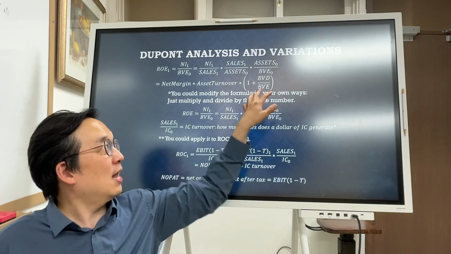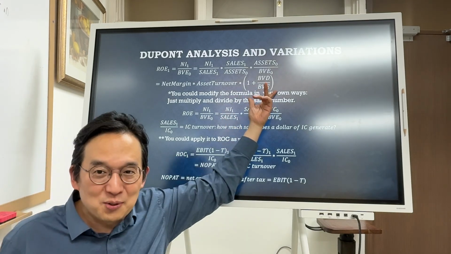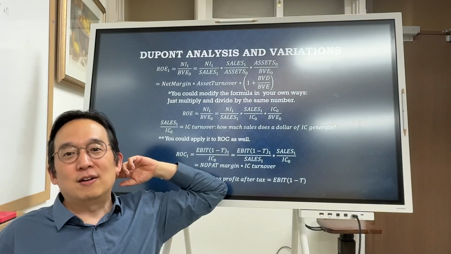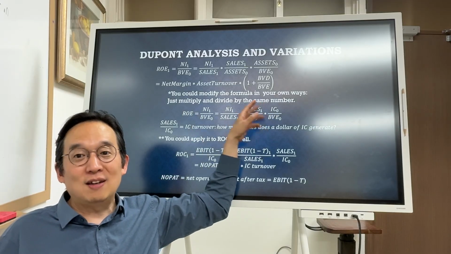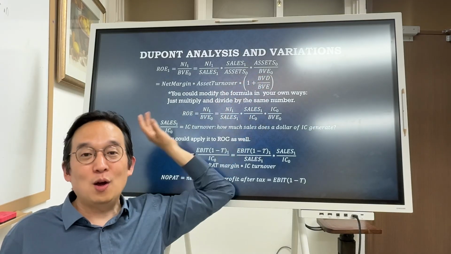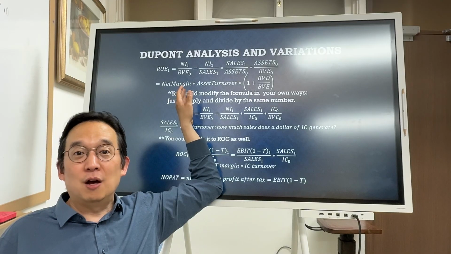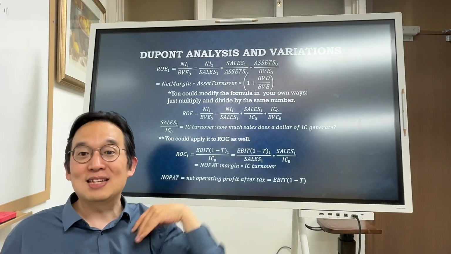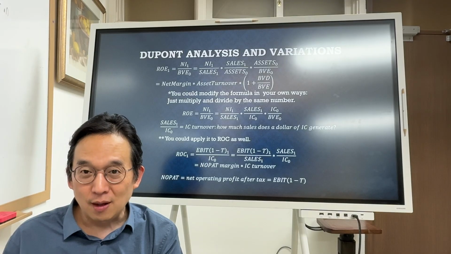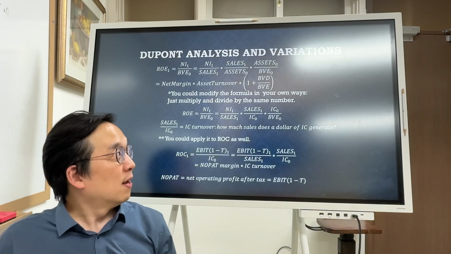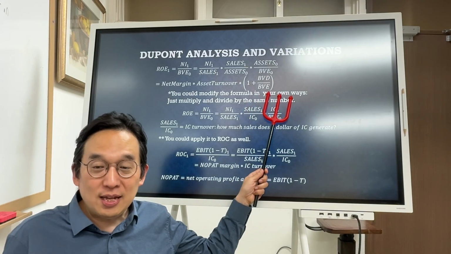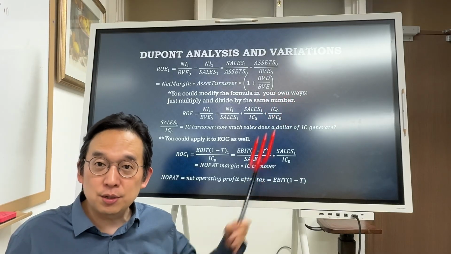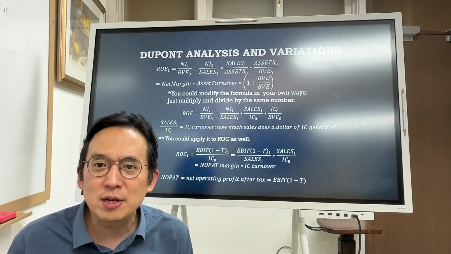Well, this tells us an interesting story. There are 3 different ways of achieving high ROE. One is high margin, another is high asset turnover, and the other is high leverage ratio. That means high ROE coming from high leverage ratio, you have to question it.